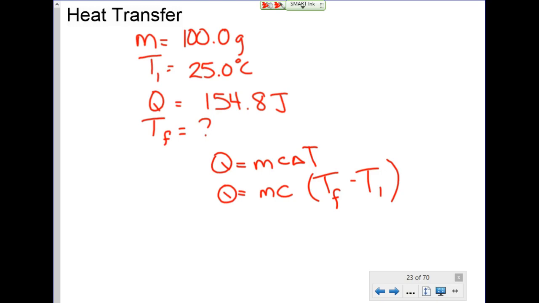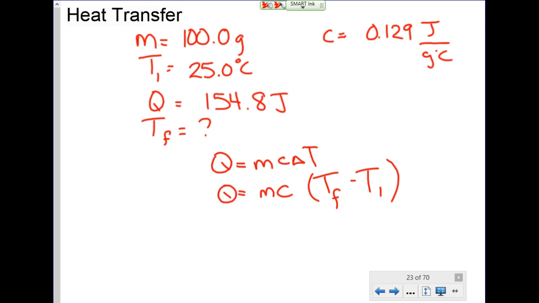The specific heat capacity of the gold, oh, I'm sorry, I did not write that down on the slide. Is 0.129 joules per gram degrees Celsius. We don't know what the change in temperature is going to be.